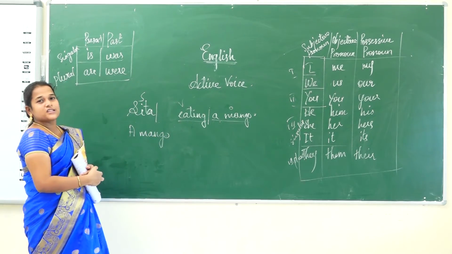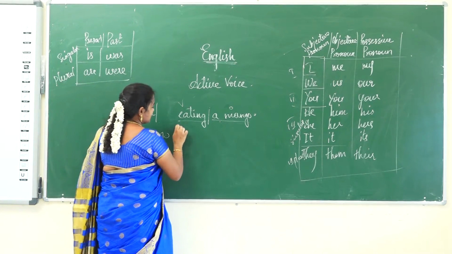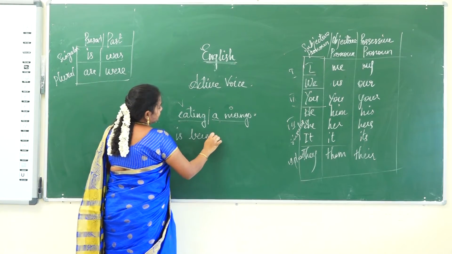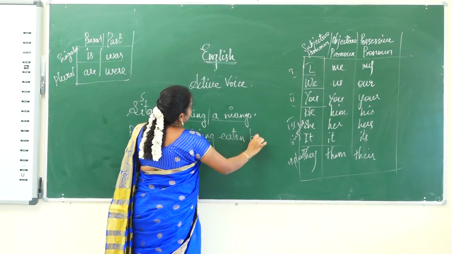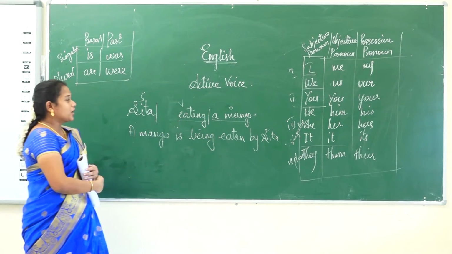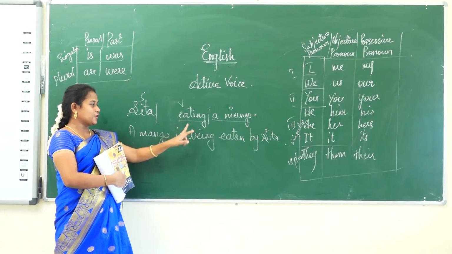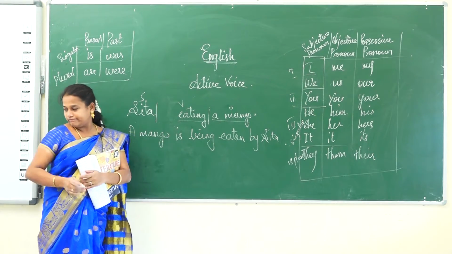So, the mango is being eaten by Sita. Okay, because it is a present tense, present continuous, so I am using is being eaten. Okay.